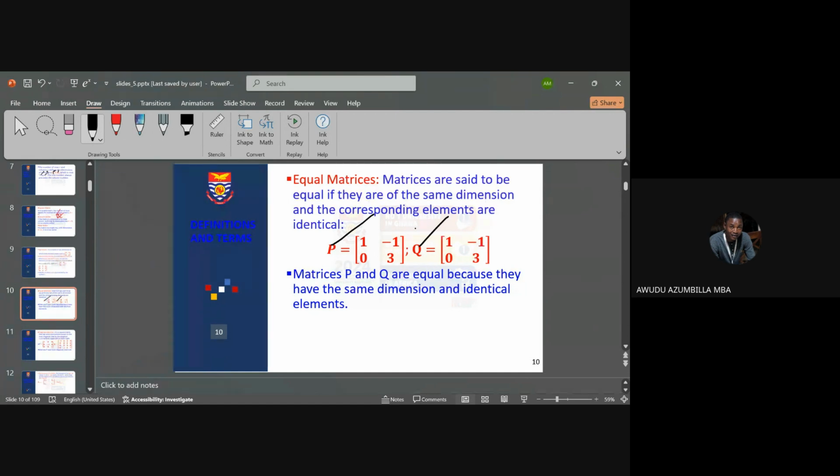This is 2 by 2, because you have 2 rows and 2 columns, so it's a square matrix. Q is also 2 by 2, a square matrix. Despite them being the same dimension, the elements are also the same. So they have the same elements in the same positions, and we call them equal matrices.